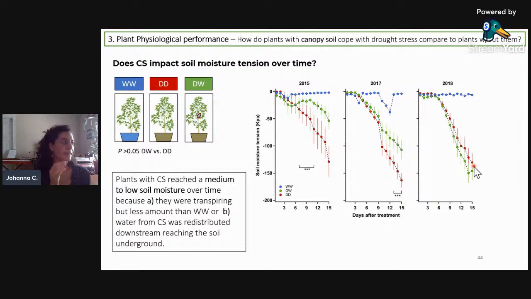It could be that over time the plants with canopy soil were transpiring less because they sensed a signal from the pot and closed their stomata. Or it could be that the water from the canopy soil was redistributed to the soil, as we said some of that water can be seen in the roots underground.